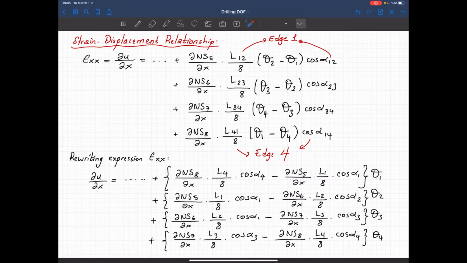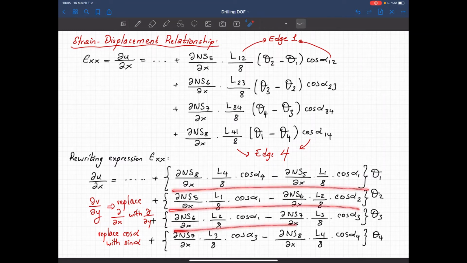Now if I write an equation for del v over del y, the only thing that will change in this equation is this: I can just replace del over del x with del over del y, right? And replace cosine alpha with sine alpha. So this part remains the same, this ordering remains the same.